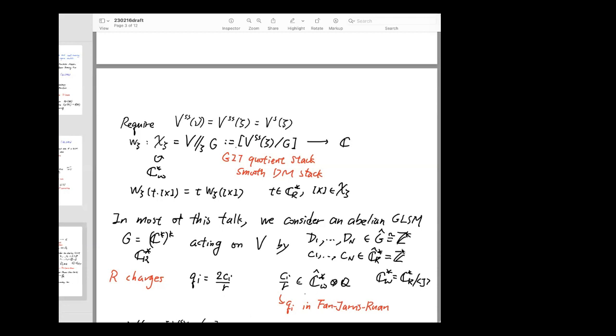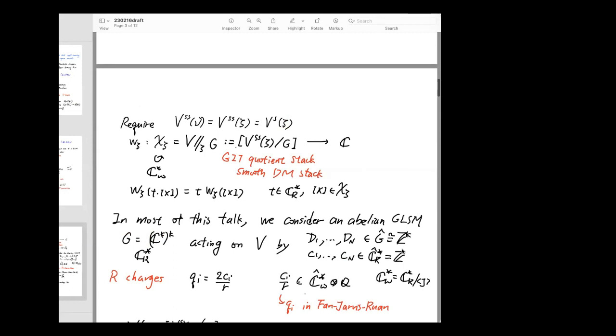And the C*_R acts on V by weights c_1 to c_n, which are integers. By the physics convention, we call 2c_i over R little q_i. So c_i over R is the action. C*_ω doesn't really act on V. It acts on the quotient, so we have fractional weights.